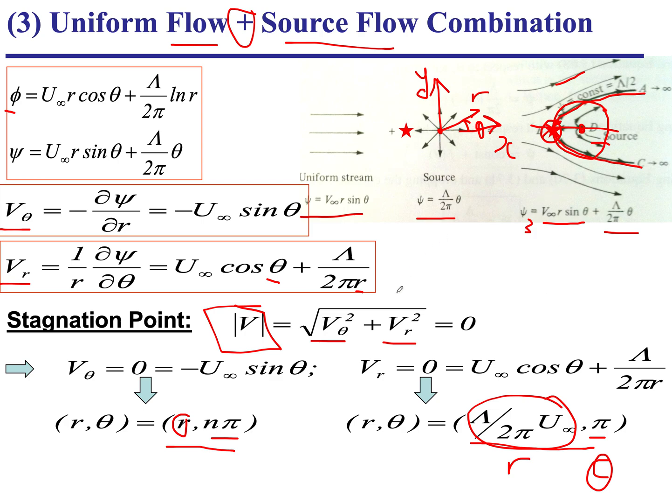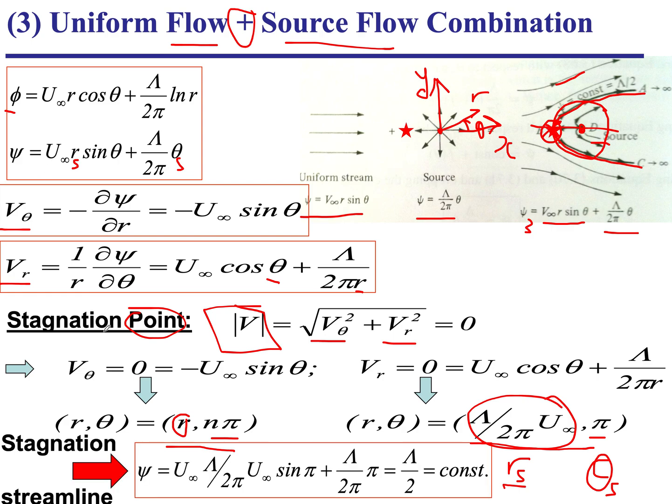So what we have found here is just a point where the velocity is 0. So let's see what streamline lies on that velocity equal to 0. So we have r stagnation point and theta stagnation point. Let's plug r stagnation point here and theta stagnation point here, and let's see what we get. For this r, we implement lambda over 2 pi u infinity.